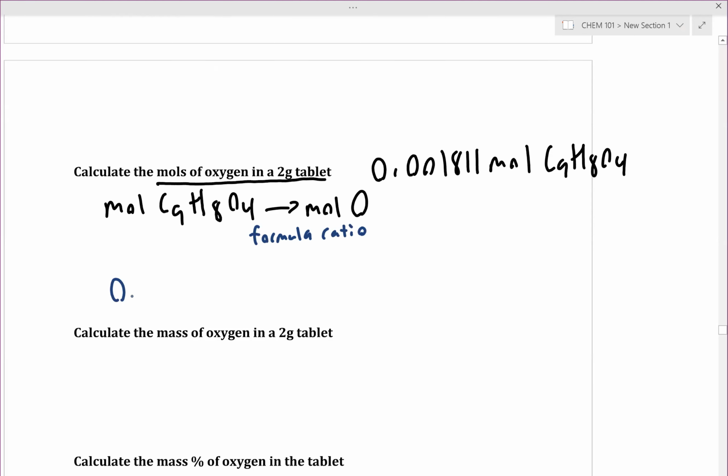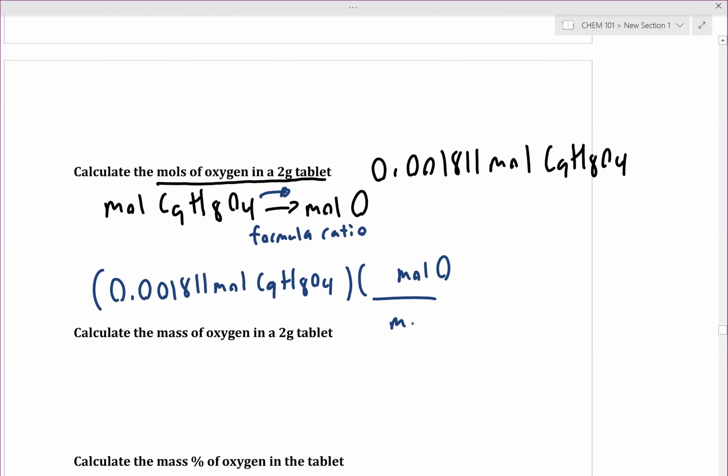So given that we have 0.001811 moles of aspirin, if we're going from moles of aspirin to moles of oxygen, what units go on top? Moles of oxygen. So how many moles of oxygen do we have in 1 mole of aspirin, which is C9H8O4? How many moles of oxygen do we see? 4. Exactly right.